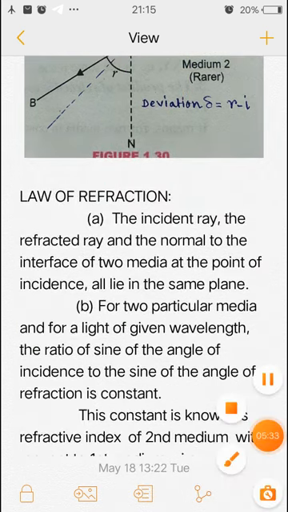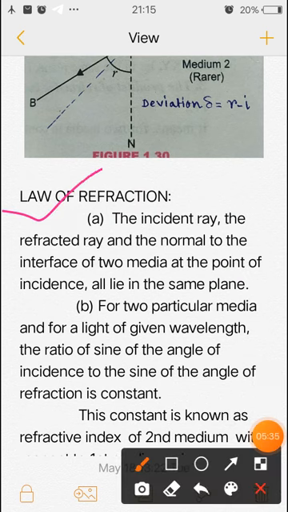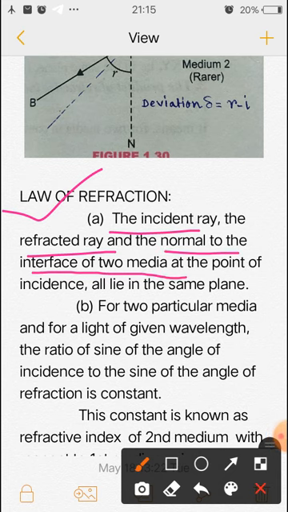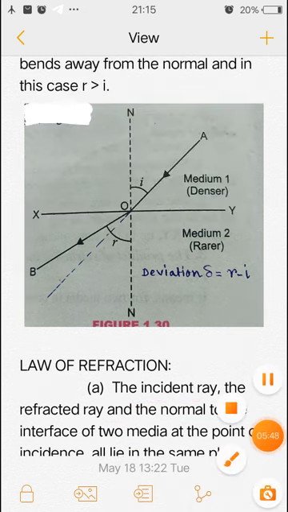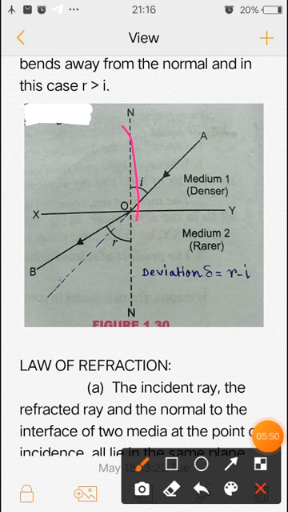Now this is the law of refraction. The incident ray, the refracted ray and the normal to the interface of the two media at the point of incidence all lie in the same plane. You can see this is the normal, this is the incident ray, this is the refracted ray, all lying in a plane.